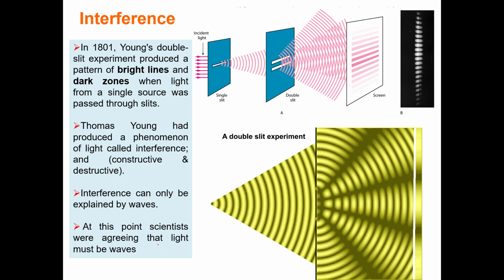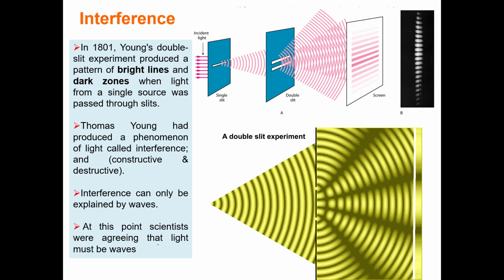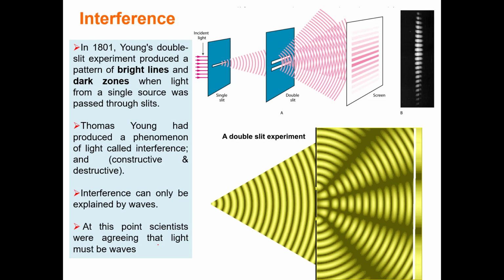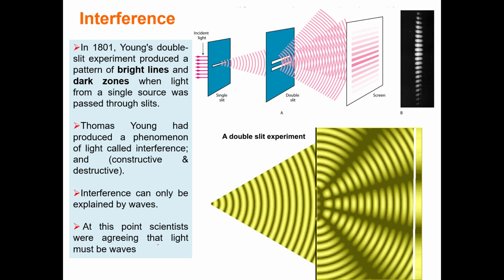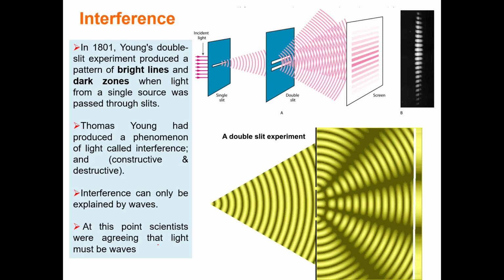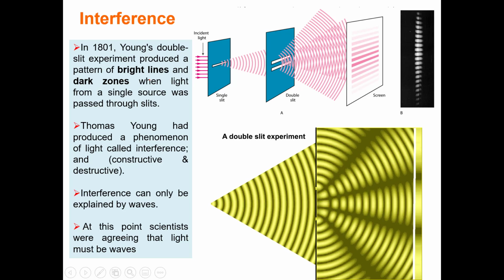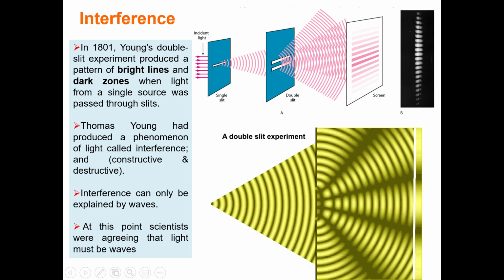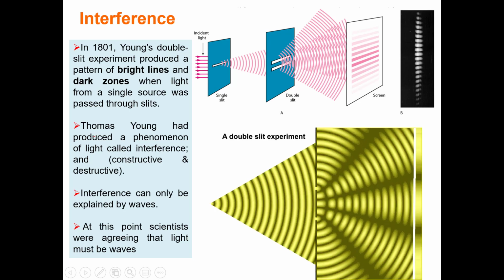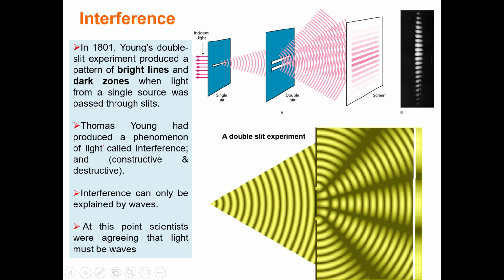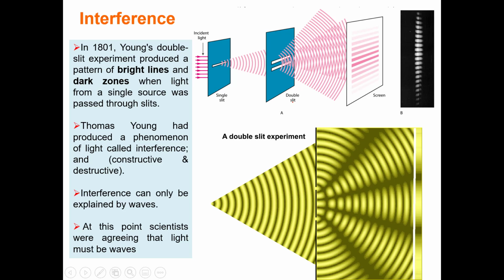The other phenomenon that can be explained only if we consider the light as a wave is interference, because interference occurs only in the case of waves. And this experiment was conducted by Thomas Young, who conducted the double slit experiment.